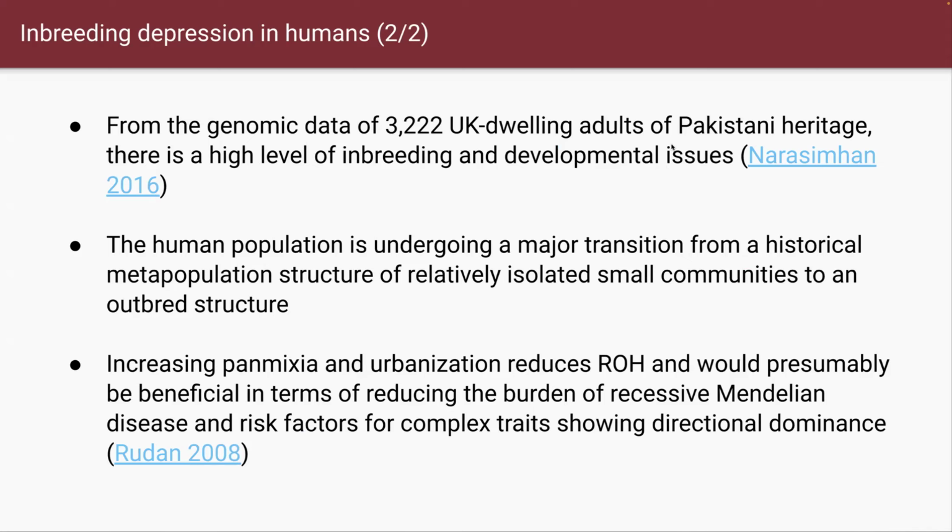Some people from Oxford measured their genomes and examined whether a high level of inbreeding impacts their developmental outcomes or not. And they found some interesting patterns in these papers.